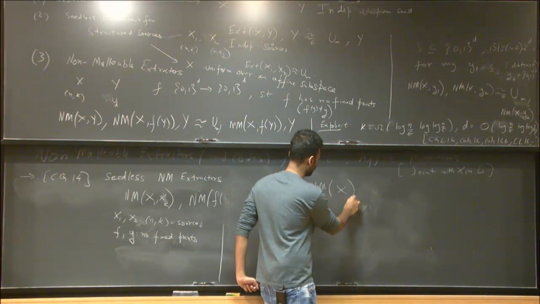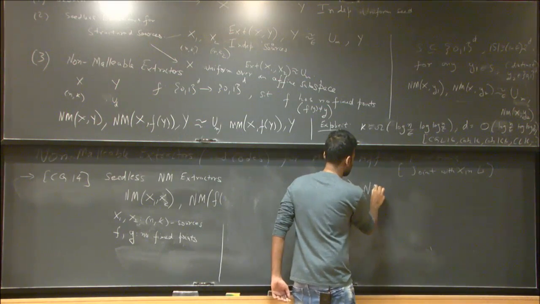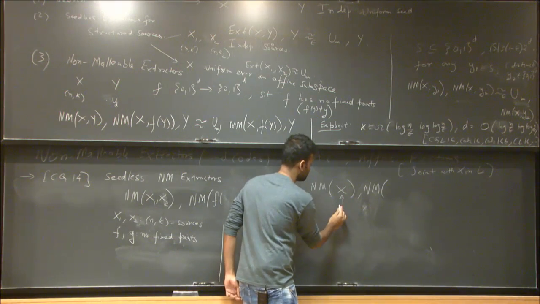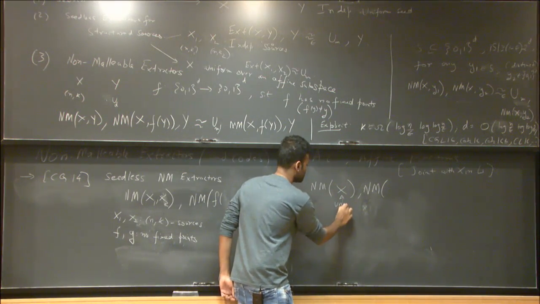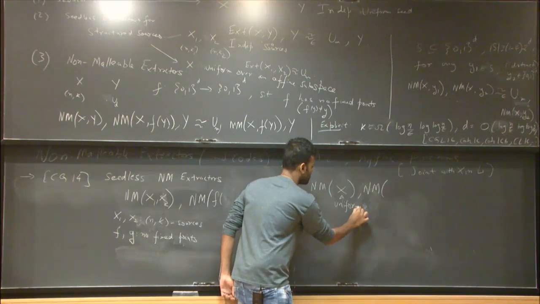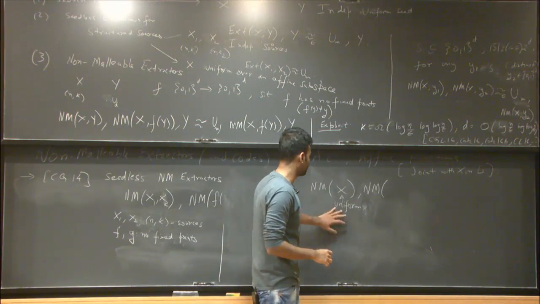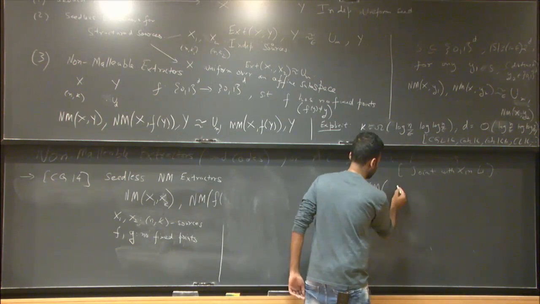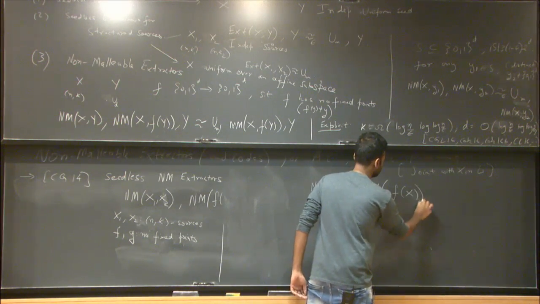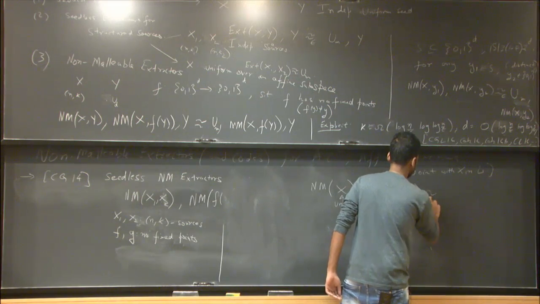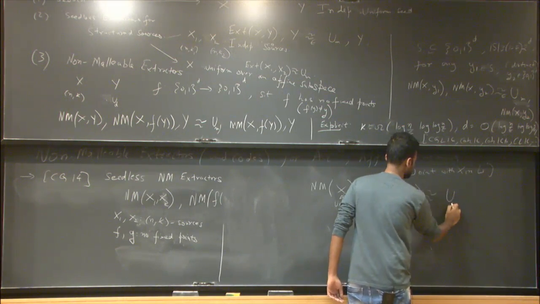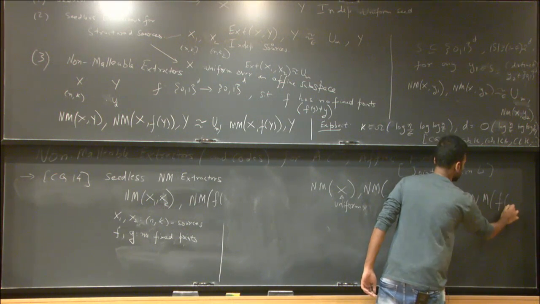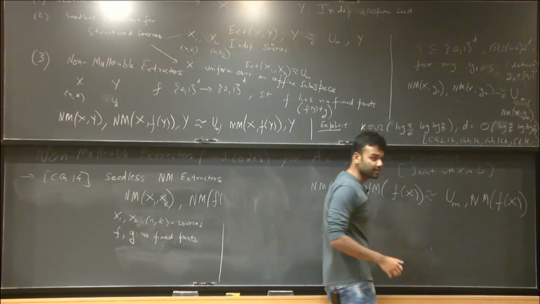So suppose you have X, and think of X as say the uniform distribution on n bits, with full entropy.